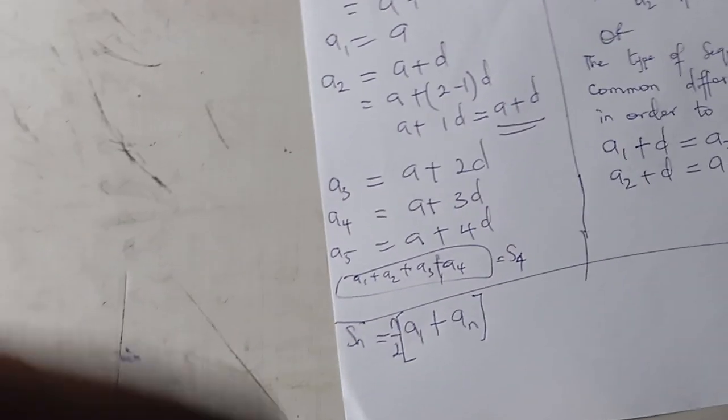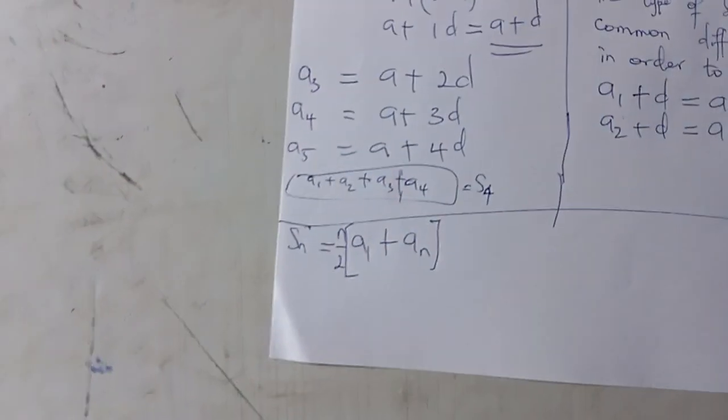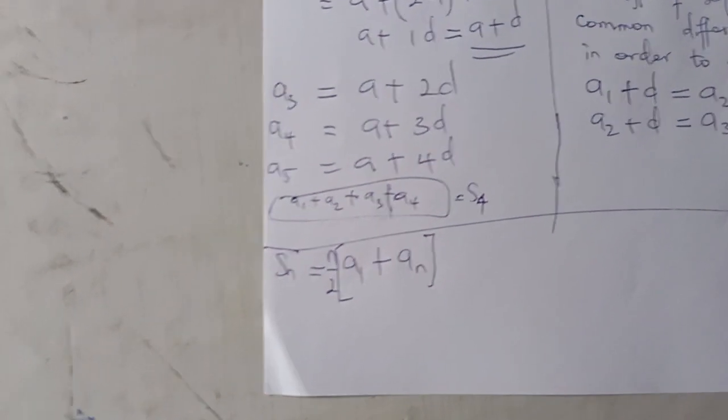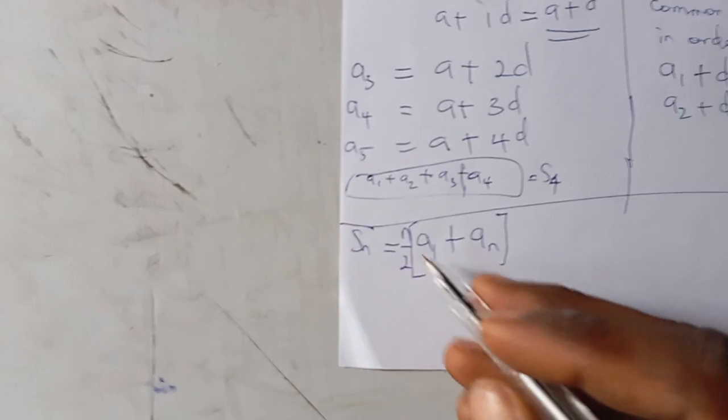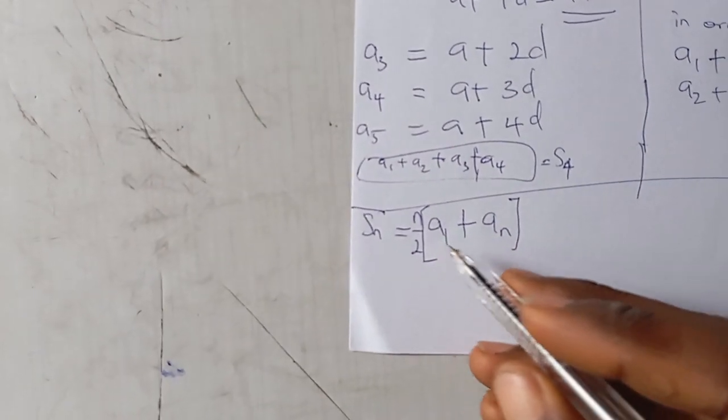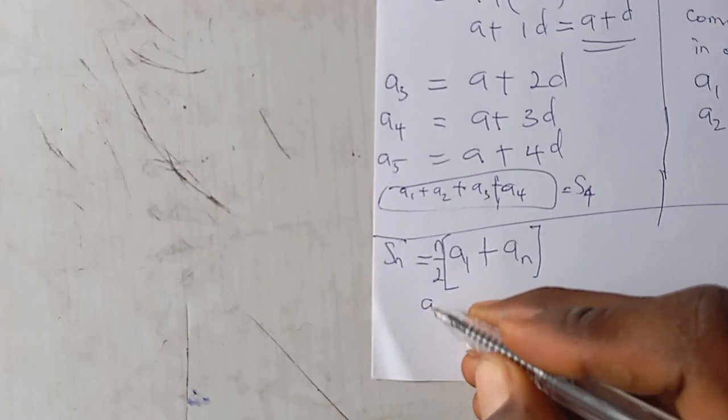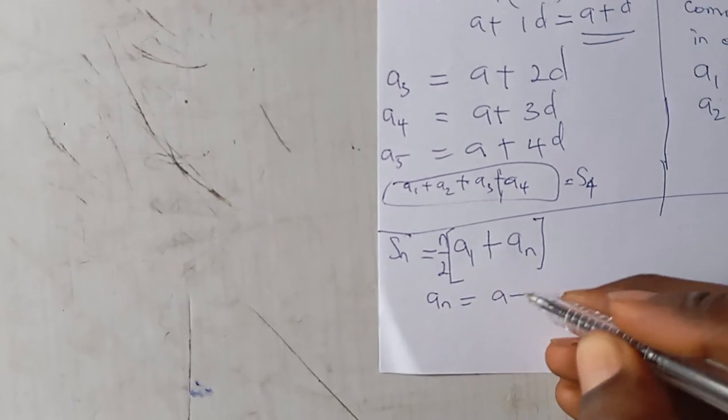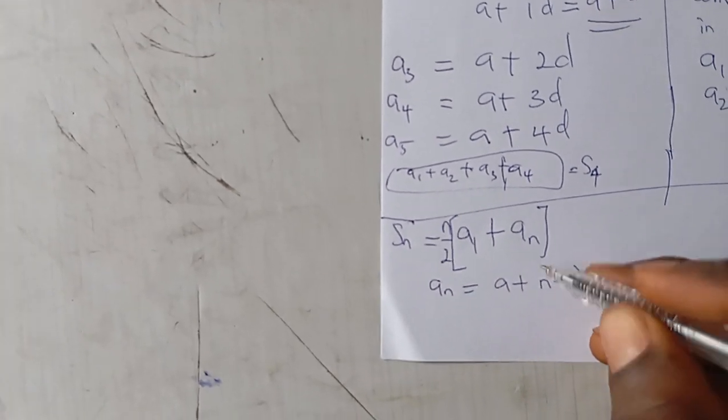And remember I told you that another name for En is last term. When we know the last term, n over 2 into E1 plus En. But remember that En is equal to E plus n minus 1 d.